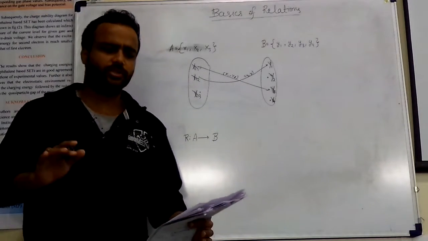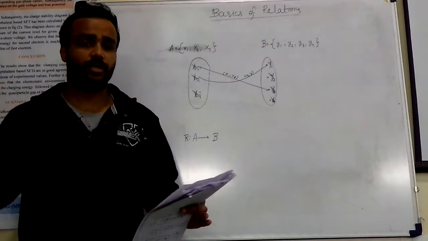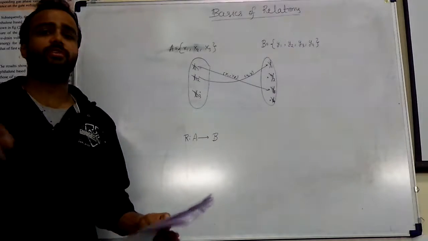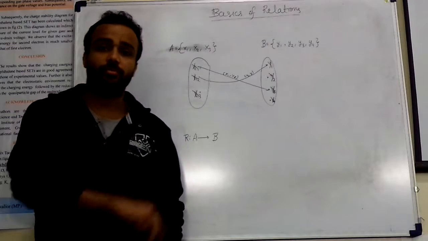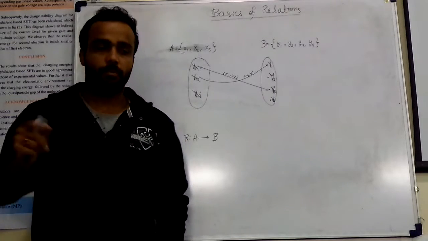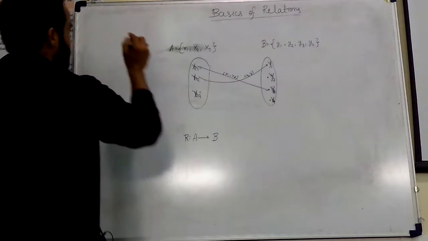A relation is an association of elements between sets, and furthermore we can say that a relation can be defined across many elements of many sets, but here we are going to discuss only binary relations, the basic relations.